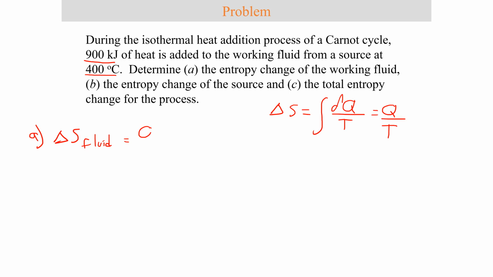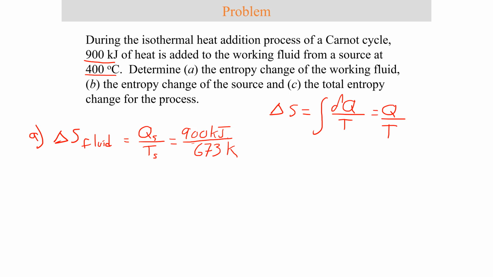What we end up with is the heat being absorbed by the fluid divided by the temperature of the source from which heat is coming. That would be the amount of entropy being transferred from the source to the water.